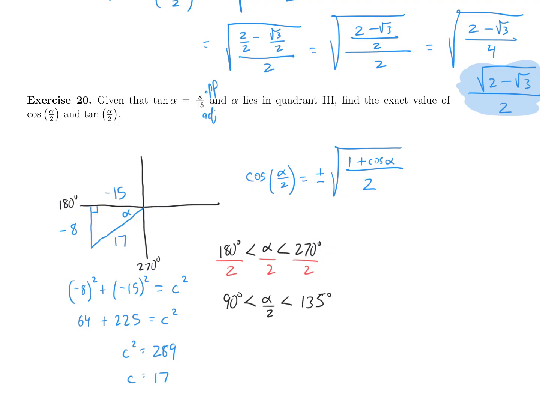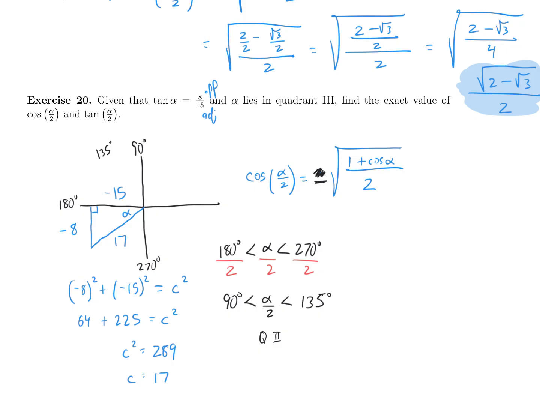That would be in quadrant number 2, because 90 degrees is up here, 135 is somewhere over here. And so that's quadrant 2. And we know cosine is negative in quadrant number 2. So therefore, this must be negative. Okay, so this should be a negative.